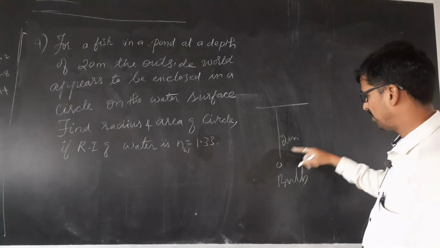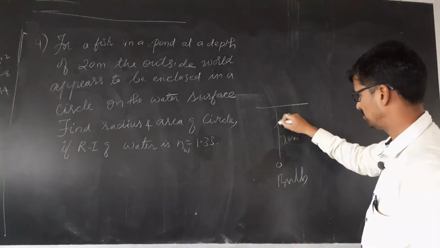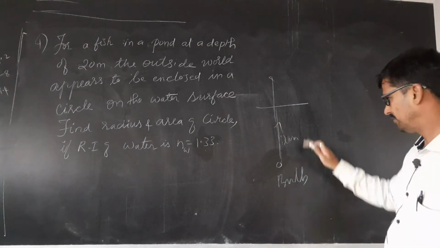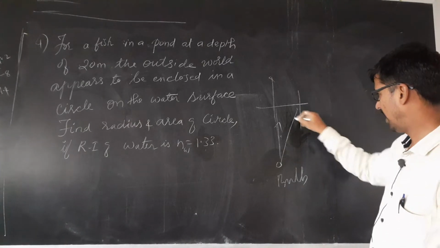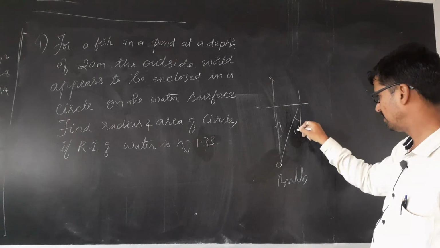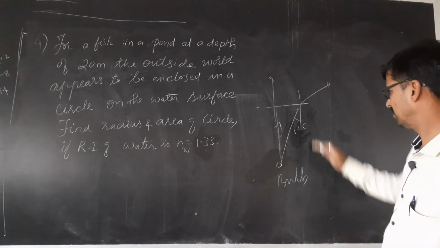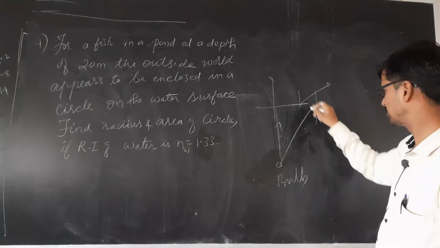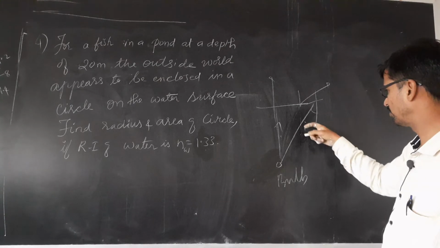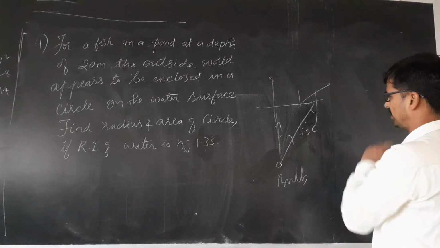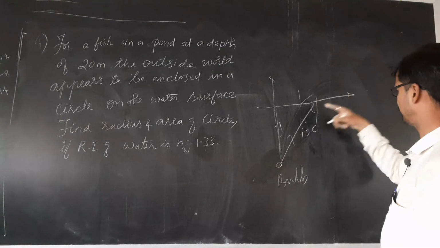From the bulb, rays will go out. When rays are incident normally, they go straight. If rays are incident at some angle of incidence lesser than the critical angle, they will bend away from the normal. If the angle of incidence is exactly equal to the critical angle, the ray will graze the surface.